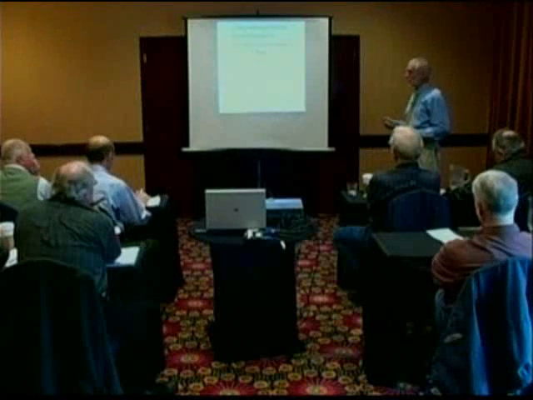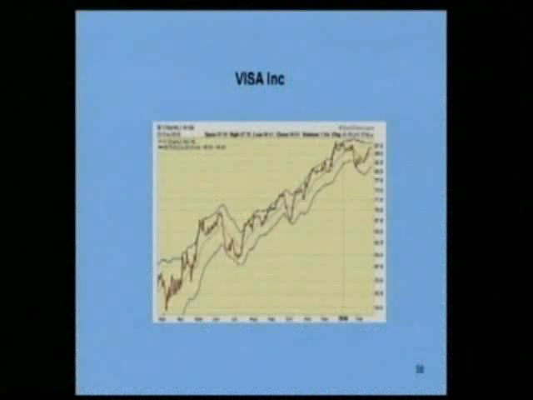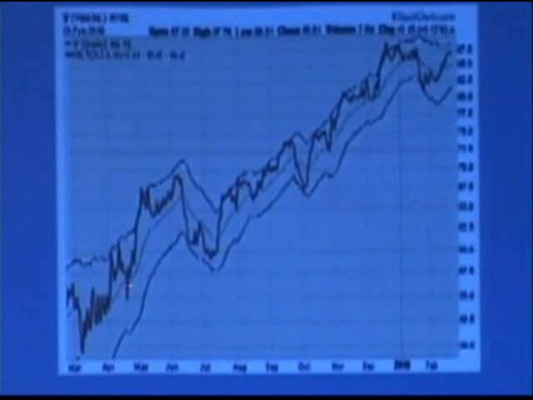To help you time your entry points. Here's the Keltner Channels for Visa, and again, when they get near the upper channel, there's usually a sell-off, and when they get near the bottom channel, that usually rallies.